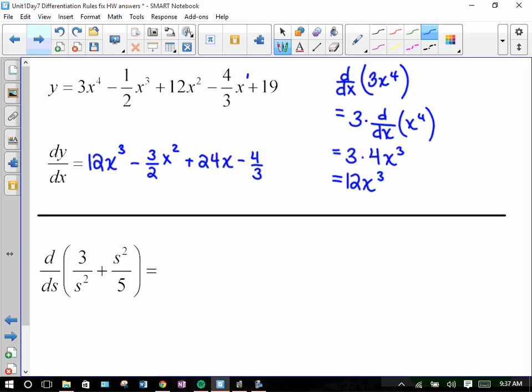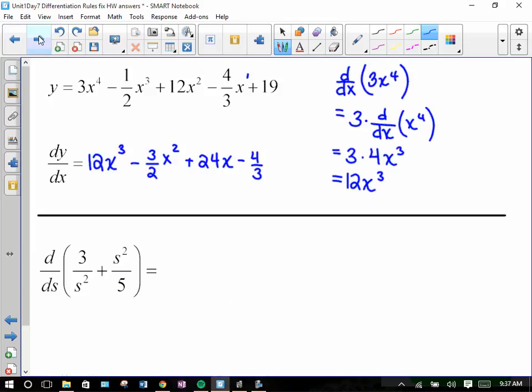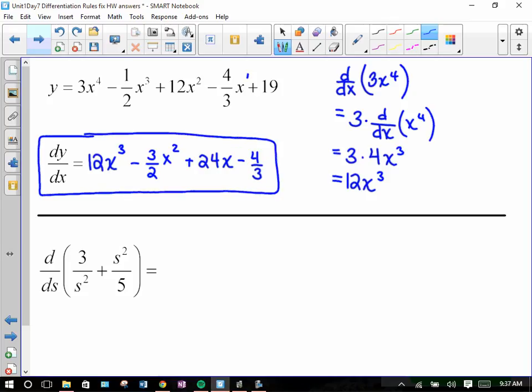So then x goes away. And you have plus 19. Well, we have a rule that says that the derivative of any constant is equal to 0. 19 is a constant, so the derivative of 19 is 0. So our derivative is 12x cubed, minus 3 halves x squared, plus 24x, minus 4/3.